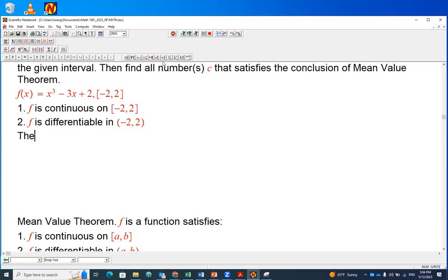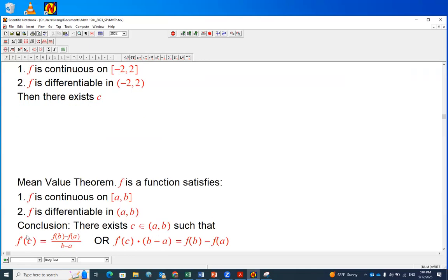And then you say, then there exists a c, right? So we're going to copy the conclusion, and c belongs to this interval, but this interval should be substituted by the interval we are looking at, such that, and this is true.